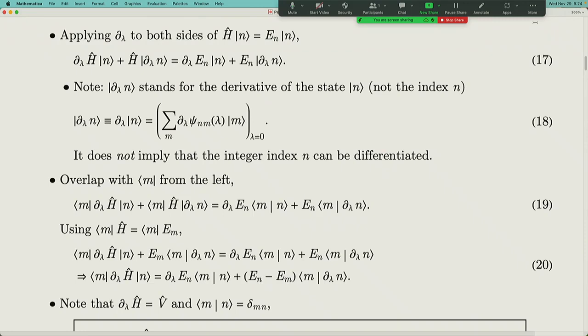But we remember that there is a dual version of this eigenequation, which is the H operator acting on a bra vector from the other side, and it also equals the bra vector times the corresponding eigenvalue, because it's just the Hermitian conjugate of the above eigenequation.